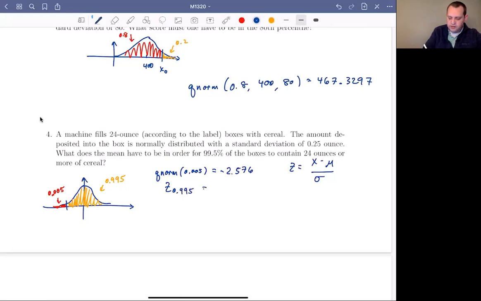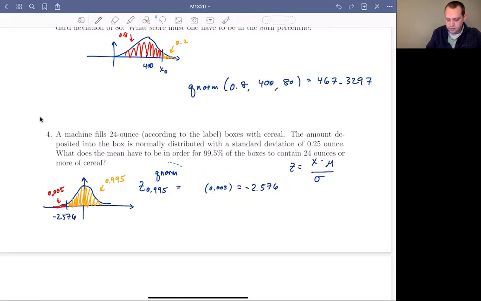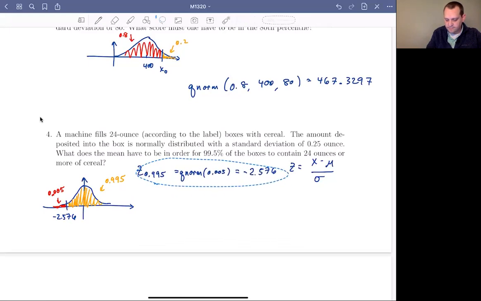What we're looking for is z sub 0.995. In other words, the cutoff value so that the area to the right is 0.995, and that would be negative 2.576. So this is really just another notation to talk about the same value. So let me just write it like this. And then that's the cutoff.